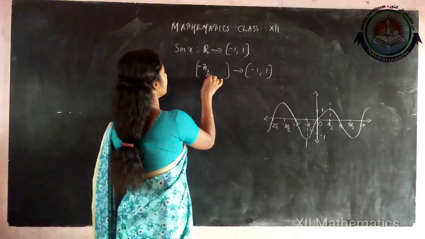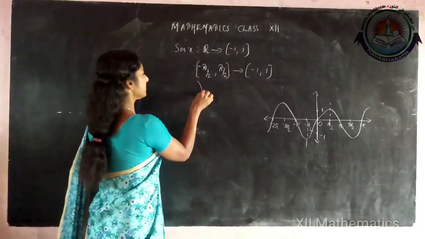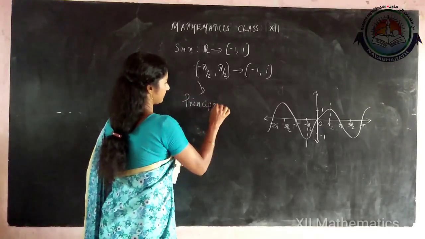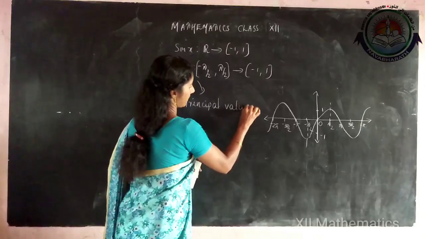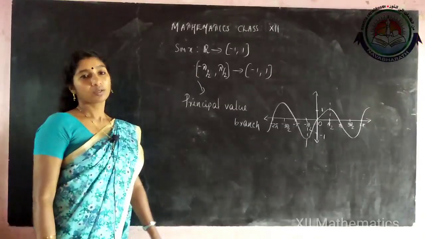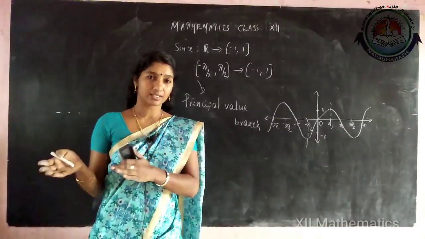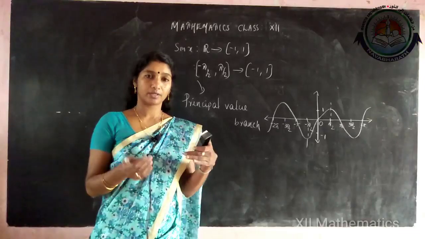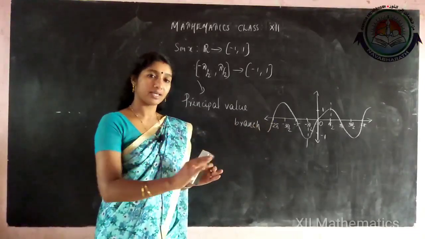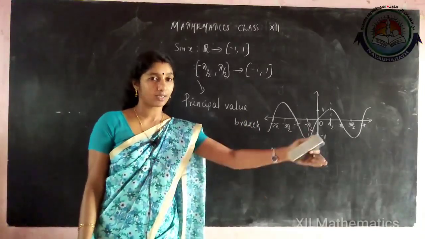Minus pi by 2 to plus pi by 2: this is called the principal value branch. The other intervals, like 3 pi by 2 to 5 pi by 2, 5 pi by 2 to 7 pi by 2, the same thing is happening; we can define the inverse function there in the same way if we restrict the real numbers to that branch.